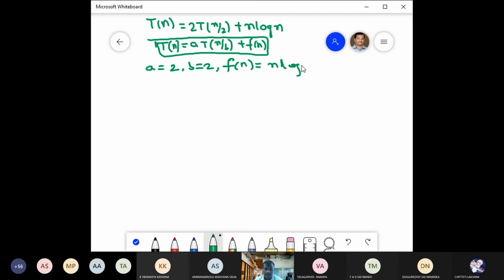F of n is n log n, right? So first calculate log a to the base b value. So what is log a to the base b value? Log 2 to the base 2. So this is 1, right? Now next calculate f of n. What is f of n? F of n is n log n, given.